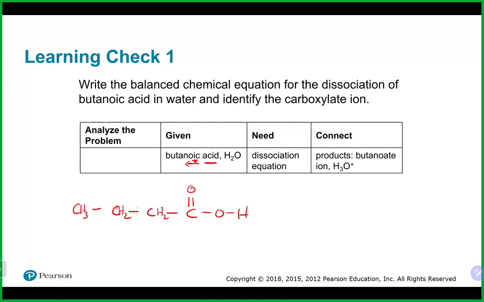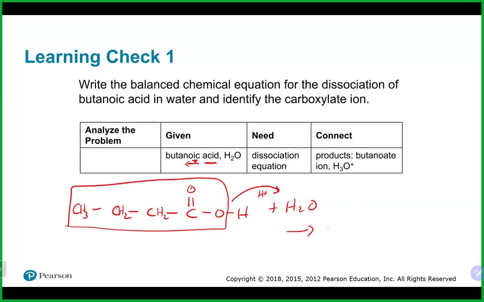So there's butanoic acid plus our water. This again is going to be really just like a Bronsted-Lowry type of deal. It's going to donate over its H plus. That is going to give us pretty much this entire thing without the H, basically. And that's going to give us CH3, CH2, CH2, C double bonded O and O. What's going to happen with the charge, much like we talked about with Bronsted-Lowry conjugate acid base pairs, it's not just a hydrogen, but the plus affects the charge here.